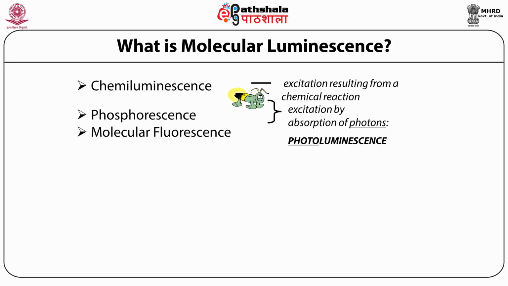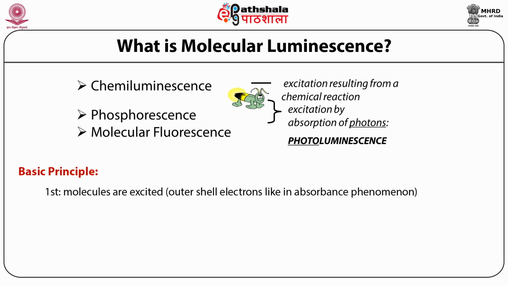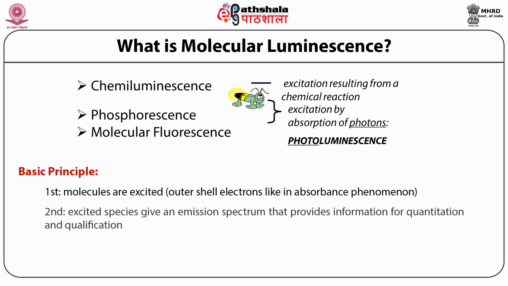So in chemiluminescence, the excitation results from a chemical reaction, while fluorescence is a kind of photoluminescence. The basic principle is that the molecules' outer shell electrons are excited, like in absorbance phenomena, and second, the excited species give an emission spectrum that provides information on quantitation and quantification.